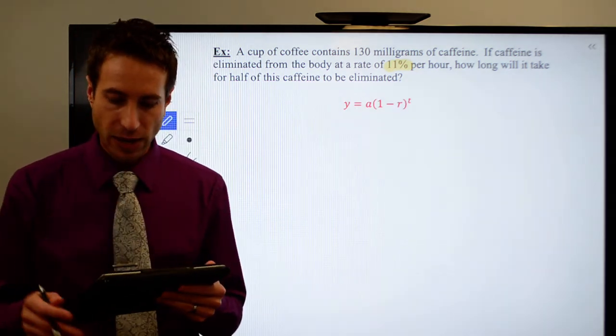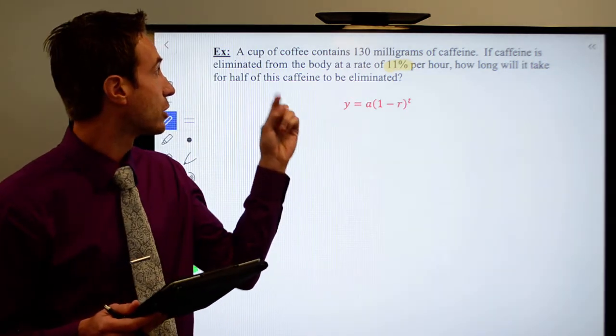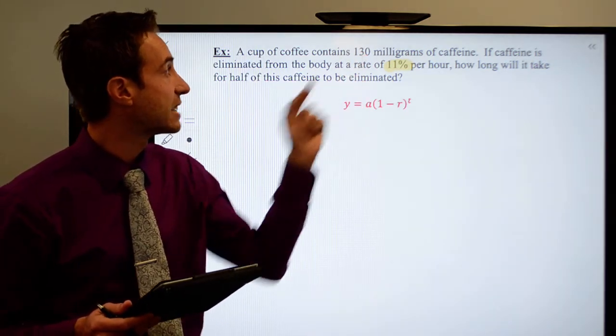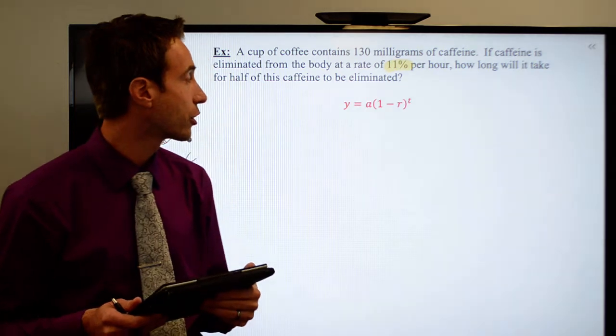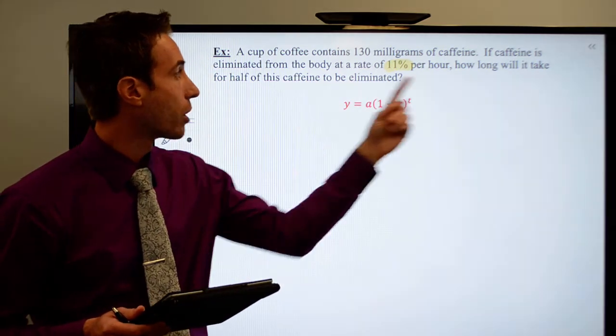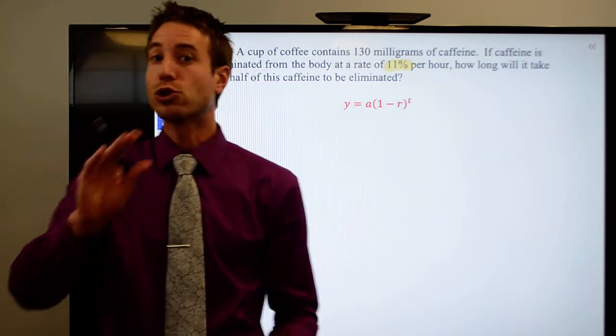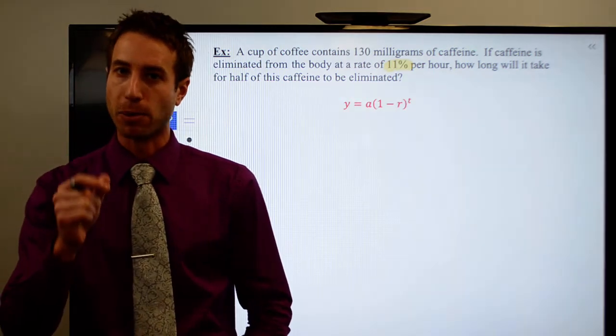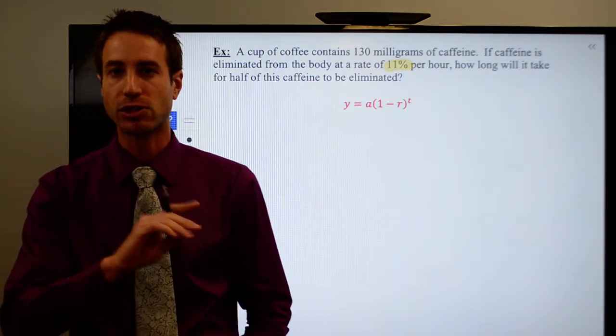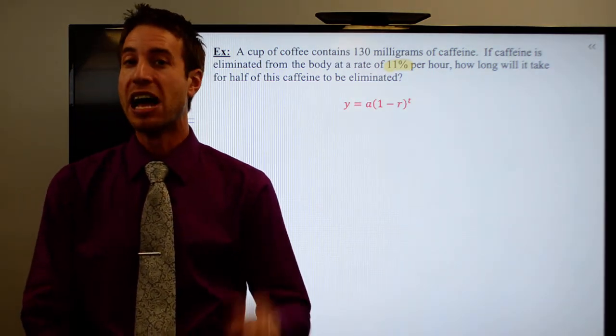All right, so we're going to jump right into this. Here's what they tell me. I have a cup of coffee. It contains 130 milligrams, so I start with 130 milligrams, and I want to know how long it'll take for... okay, so maybe you remember this problem. We did a problem very similar to this earlier in the chapter.